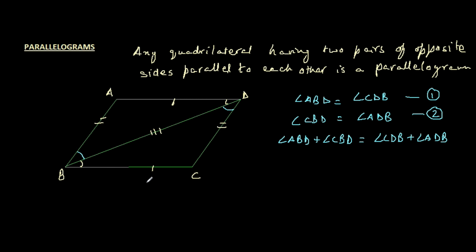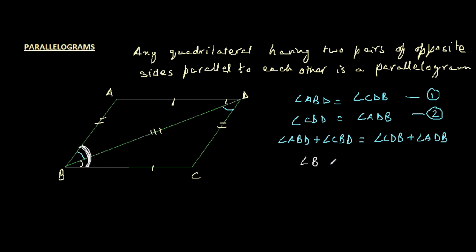So once we add them together, what do we get? Let's look at these angles and mark them in a different color now. ABD is this angle here, and CBD is this angle here. Altogether it means right from here to here. What angle is that? We can just say it is angle B.